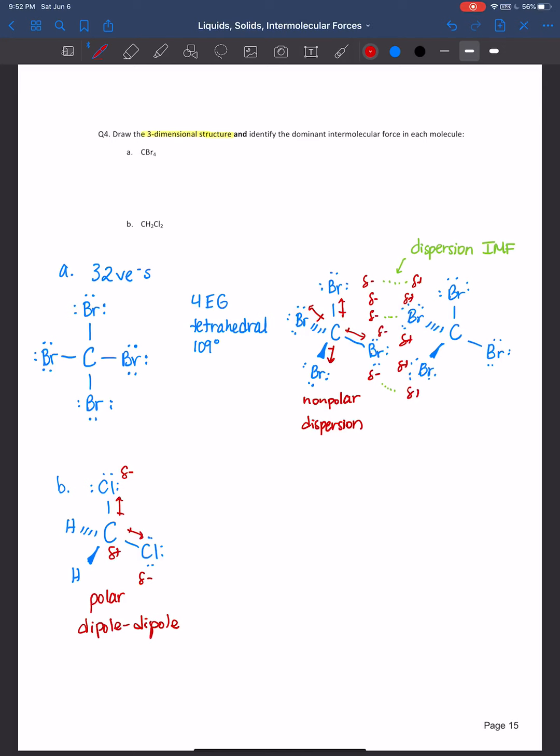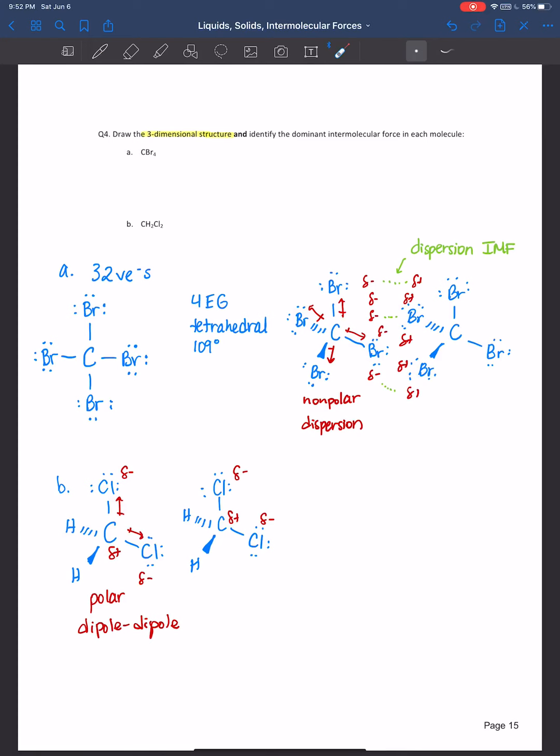All right, so how would we illustrate this? You would need to draw another molecule of dichloromethane right next to it. And because there are permanent dipoles, you need to indicate them using partial negative and partial positive charges. That's really important for polar molecules. The arrows are also important.